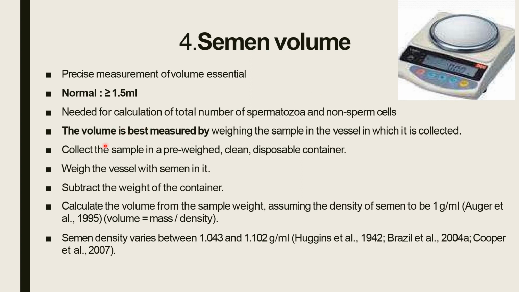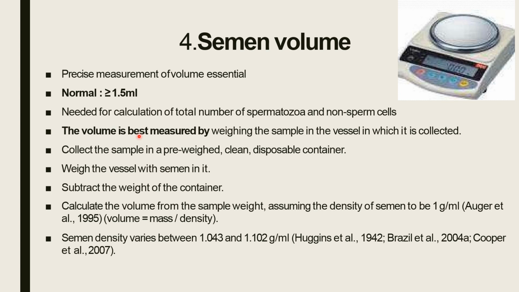So volume of any liquid is best measured by its weight. Because volume is a function of mass by density, if we divide mass of a liquid by its density, then it would be the volume of that liquid.